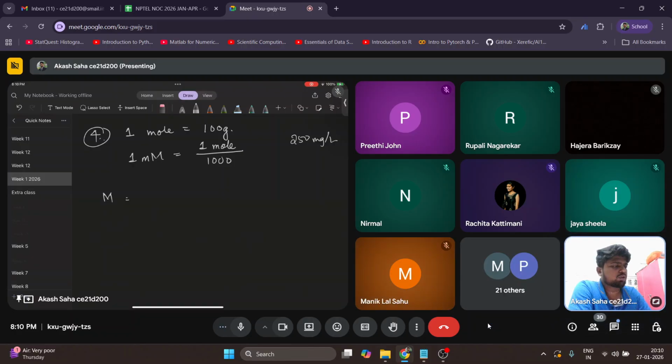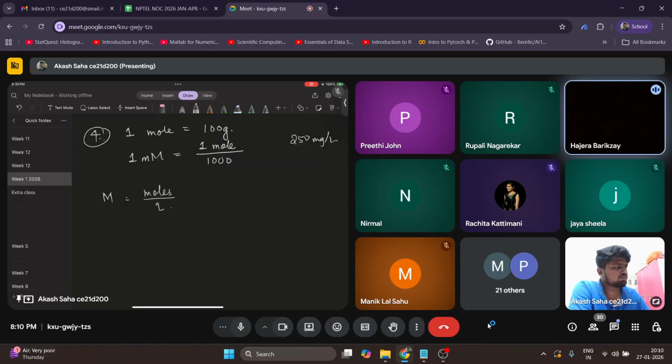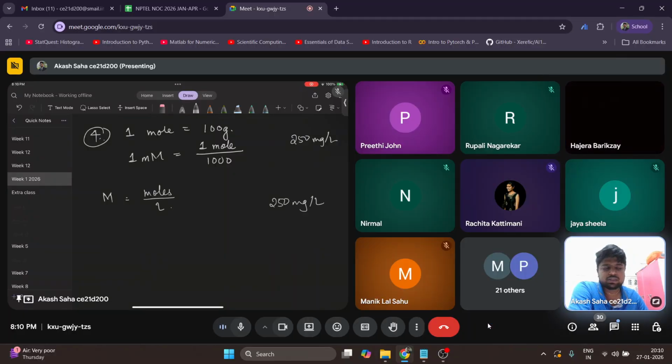So what is molarity? Molarity is nothing but moles per liter. Now we know that we have 250 milligrams per liter.